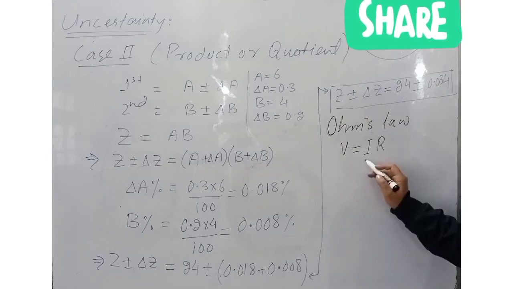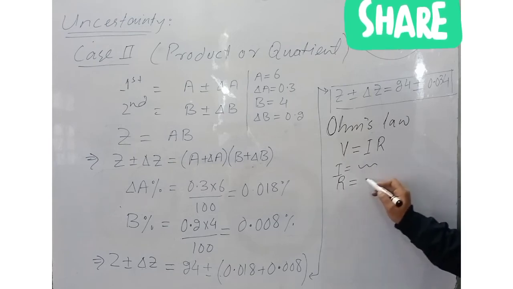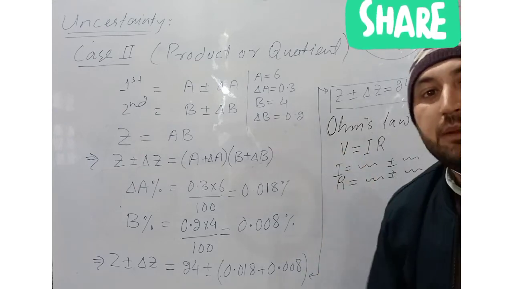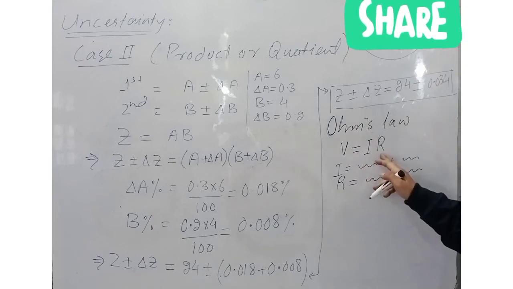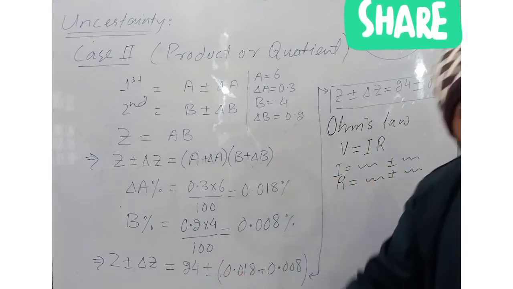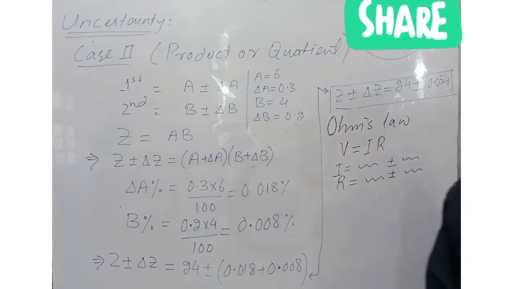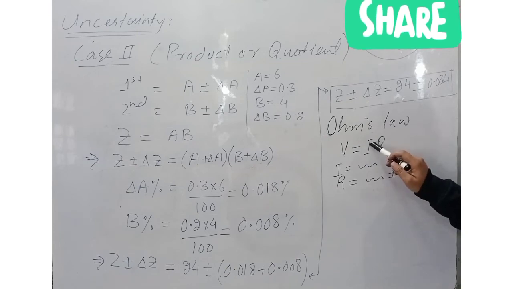If the value of current is given and that of resistance is given along with their uncertainties, then you can find the voltage by just multiplying current and resistance. But you can also find the uncertainty in voltage by just adding the percentage uncertainty in current and the percentage uncertainty in resistance.